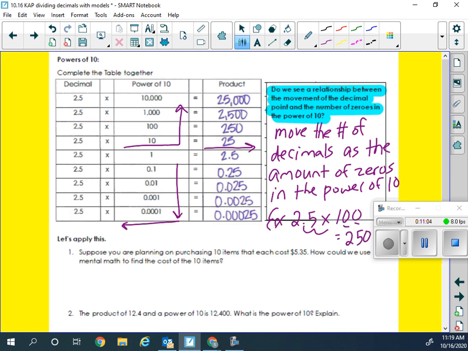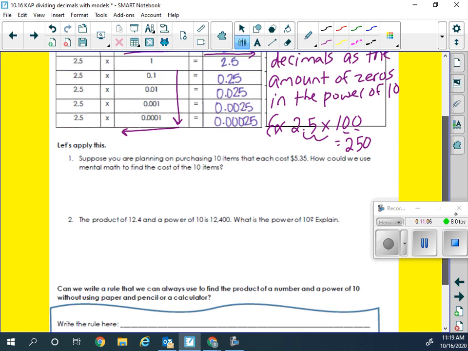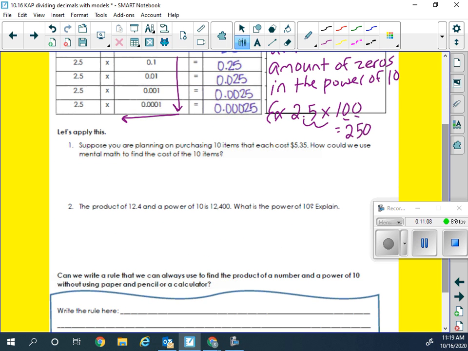Okay, so now let's use this information to answer these questions. Suppose you're planning on purchasing 10 items that each cost $5.35. How could we use mental math to find the cost of the 10 items? Well, we would do 10 times 5.35, right? So what does that mean? No, first we're going to move the decimal 1 place.